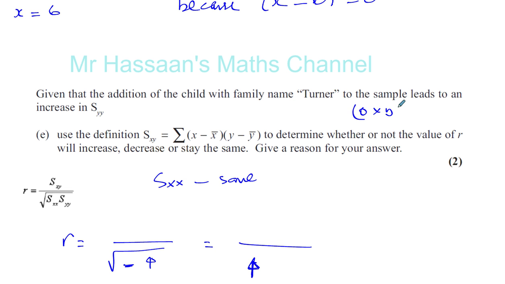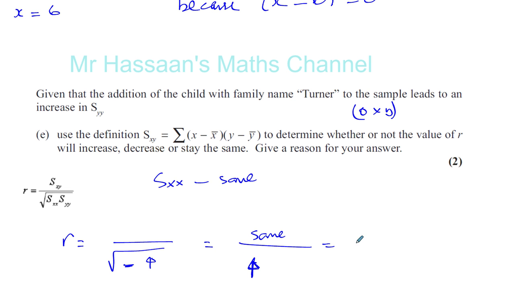So the last term you add to this is going to be 0. So you're going to add 0 to the sum. So this will be unchanged.